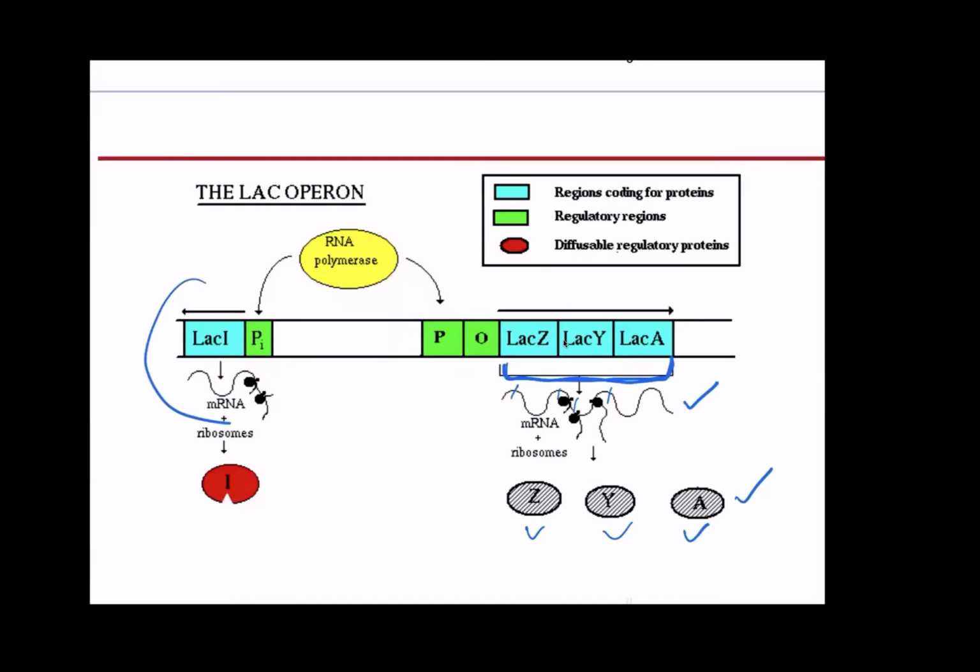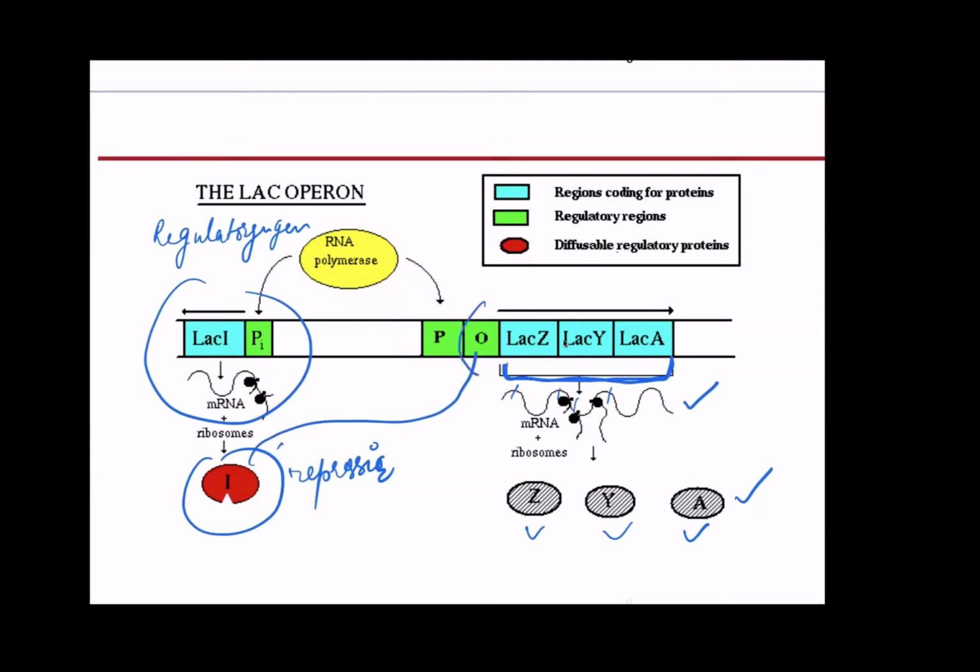There's another part here, we call it the regulatory gene. The function of this regulatory gene is to make a protein. We call it a repressor or inhibitor, right? This repressor, if it's active, will go and bind here and it can stop this process, okay? In a minute, I will show you that.